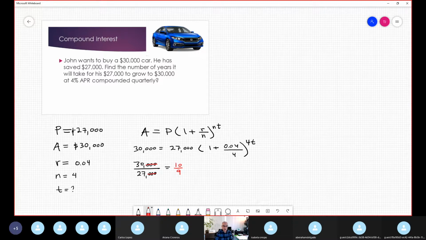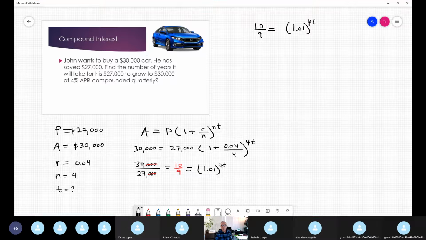And on the other side, we have 0.04 divided by 4 is 0.01, plus 1 is 1.01, raised to the 40t. Good. Let me copy my equation. 10 over 9 is equal to parenthesis 1.01 exponent 40t.